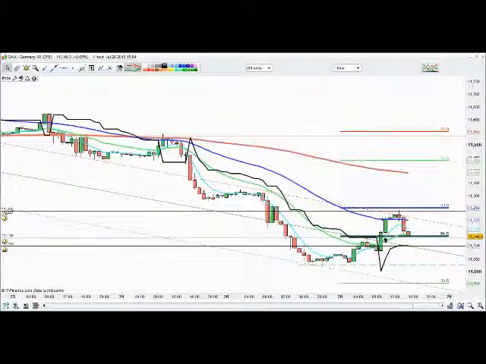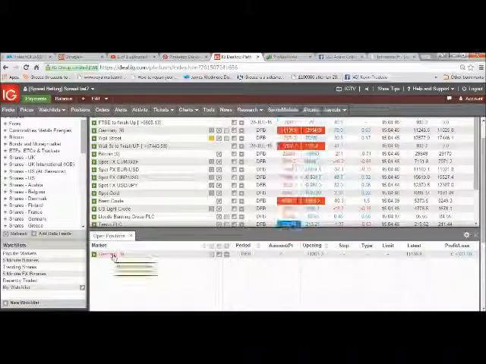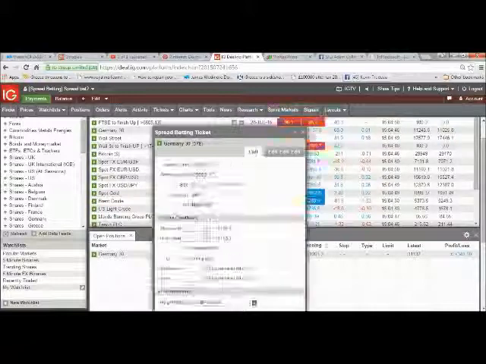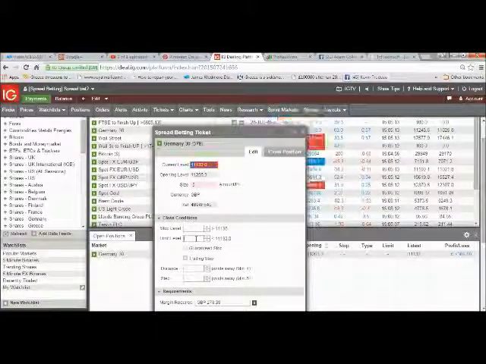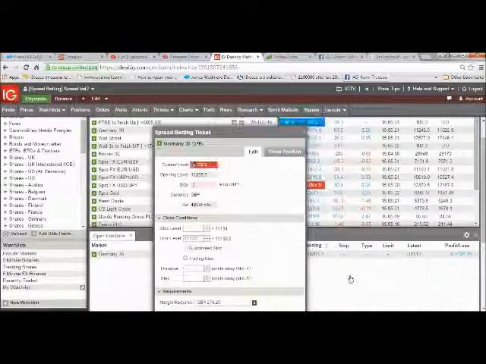So at that point the DAX may fall further and just test that on the hour time frame. So I'm going to go back to this trade and I'm going to put in a limit order. Okay, so you see here I'm going to be putting in a limit order of 11,103.